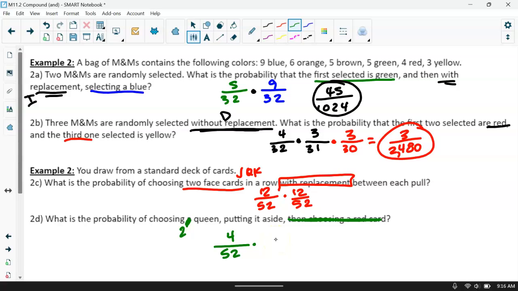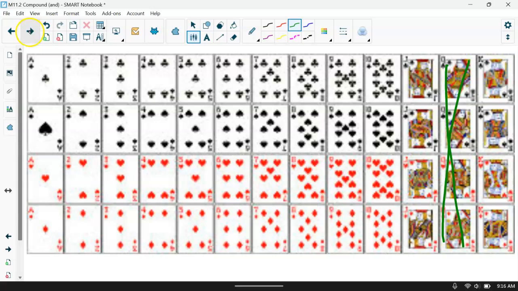You put it aside. So now the probability is 3 out of 51. Because again, keep in mind, you chose a queen. That's what we're looking for, right? The probability of choosing a queen. So now you multiply. But again, keep in mind, because you put it aside, this is dependent. So that total changes from 52 to 51.